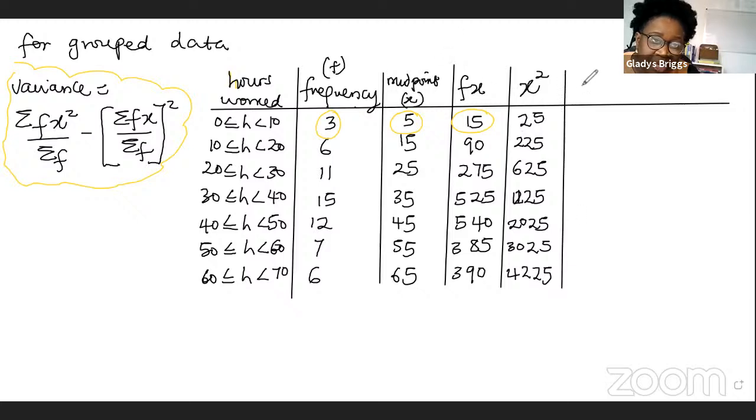Now we need to work out f times x squared. So f times x squared here will make this one. Let's do that. F 3 times 25 is going to give you 75.